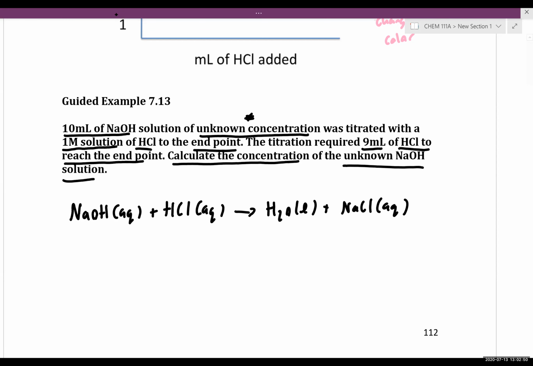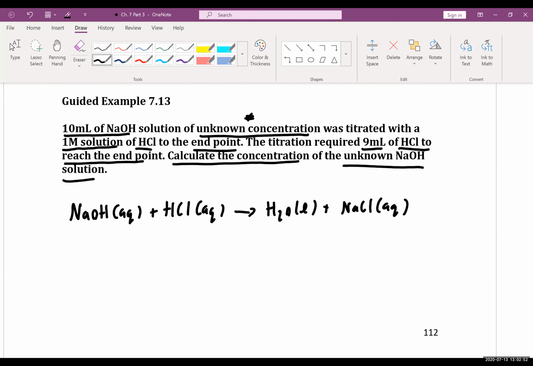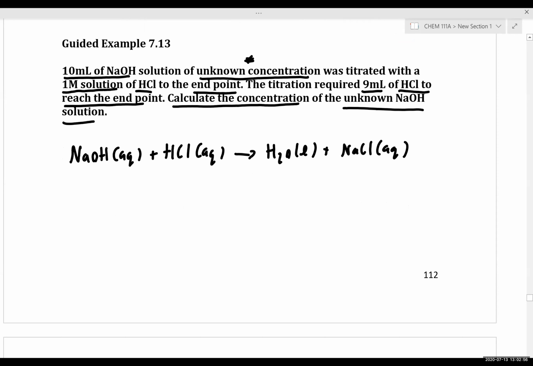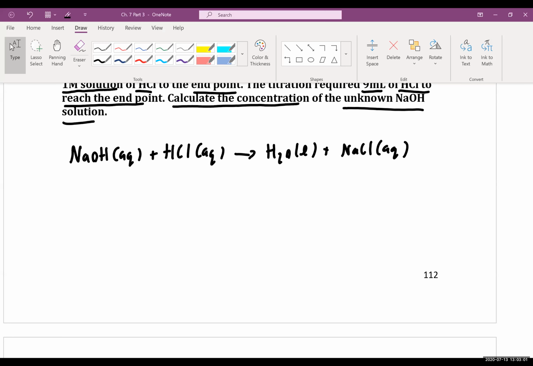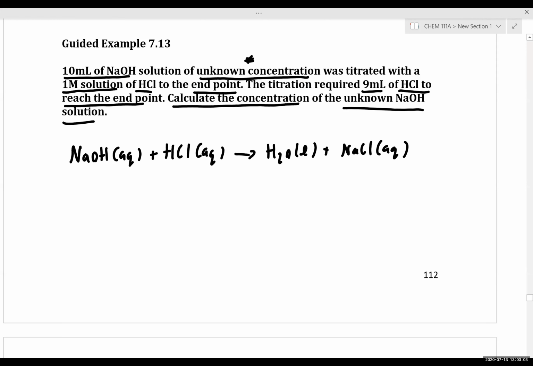Okay, so now what we're going to do is we're going to take our balanced equation, and now we're going to write all of the information that we know about this problem. So our molarity of sodium hydroxide is our unknown. The volume of sodium hydroxide solution is 10 milliliters.